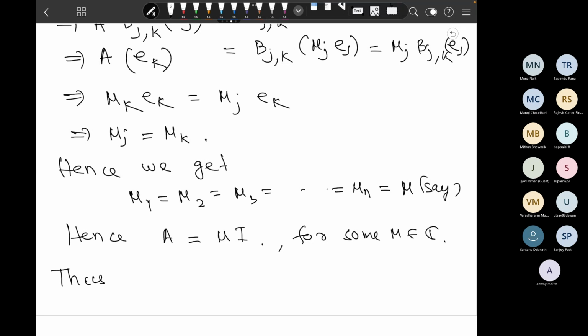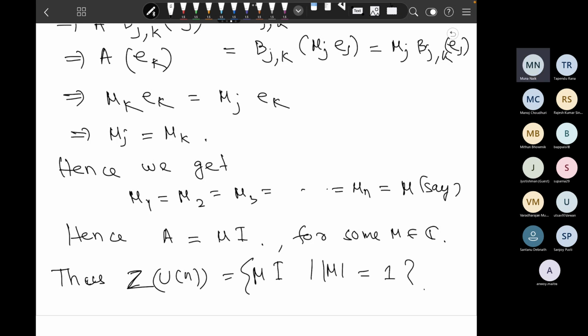Thus Z of UN: since A belongs to UN, mod of mu has to be 1. Z of UN is equal to mu I, such that mod mu is equal to 1. So this will be the general idea for all the groups.